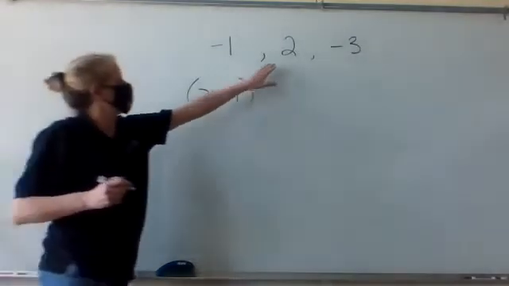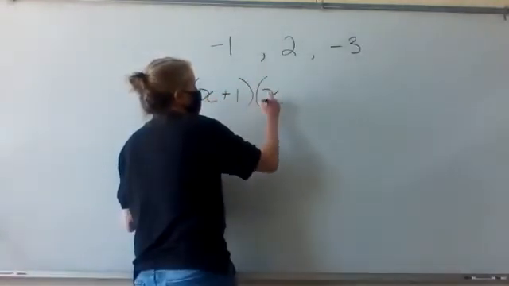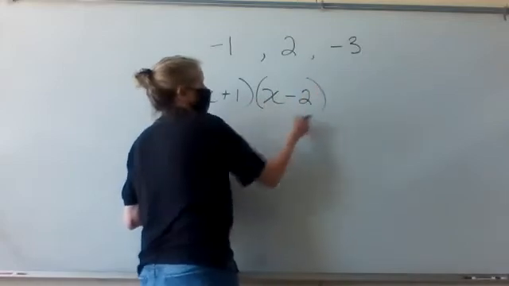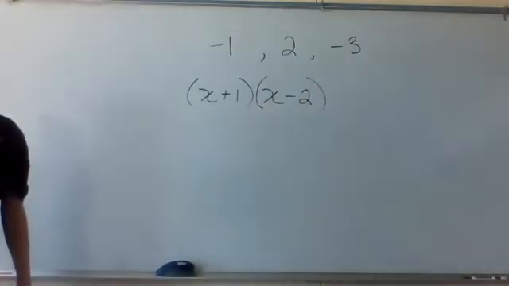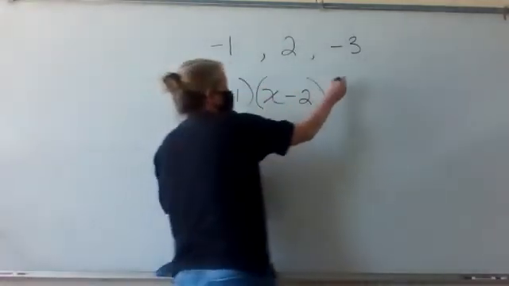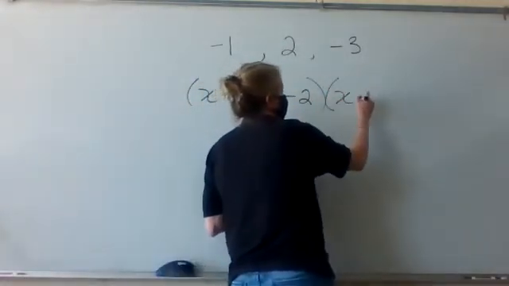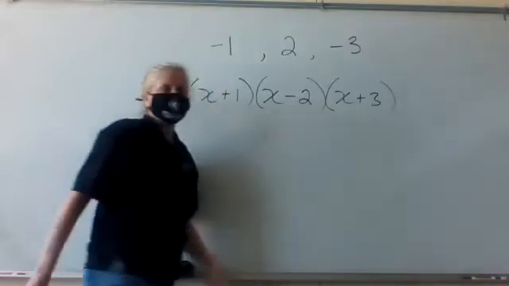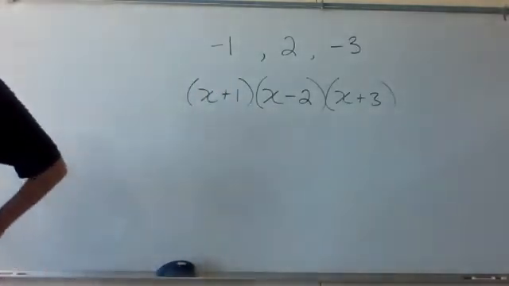If this 0 is positive 2, it must have come from the factor x minus 2. If this 0 is negative 3, it must have come from the factor x plus 3.